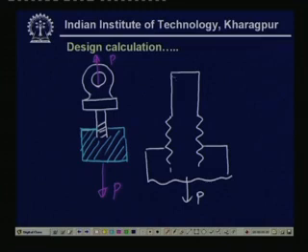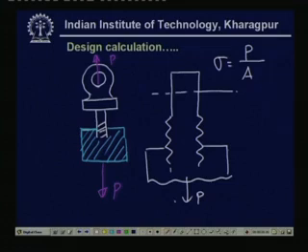Therefore, if you consider this part, it is subjected to a tensile load. And what will be the tensile stress developed? The tensile stress is sigma equal to P divided by A, where A is the area of cross section.